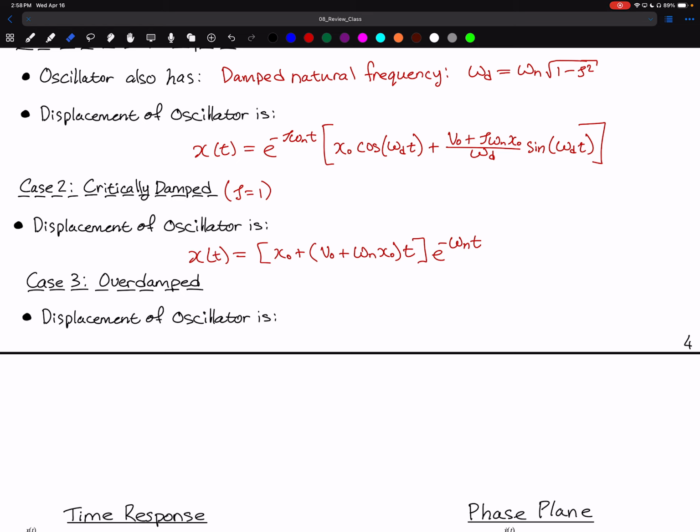Third case, overdamped. This is for zeta greater than 1.